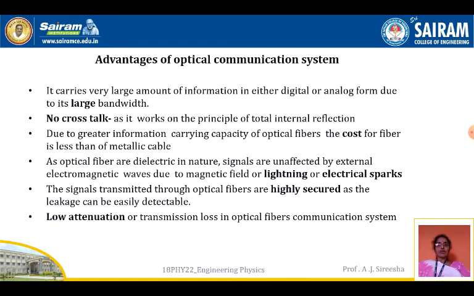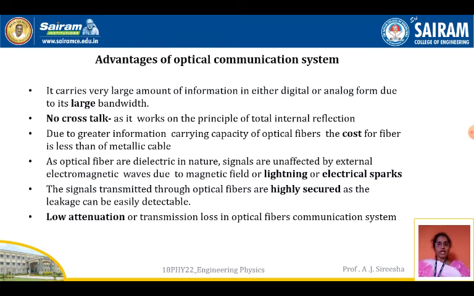Now we see what the advantages of the optical communication system are. Why has this optical fiber communication system come into existence? We will see. It carries a large amount of information in either digital or analog form due to its large bandwidth. The bandwidth is large in fiber optic communication systems, so a large amount of information can be carried.